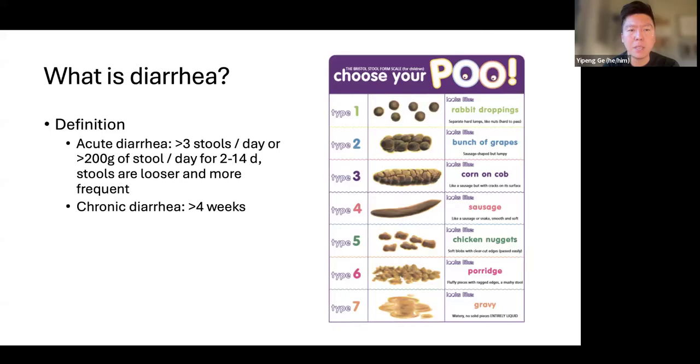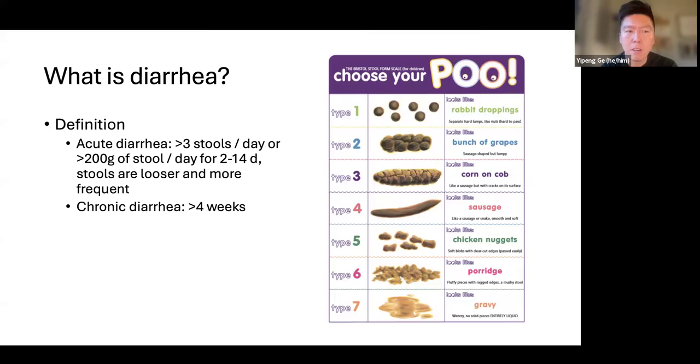Acute diarrhea is over 3 stools a day or over 200 grams of stool per day for 2 to 14 days, and stools are looser and more frequent.